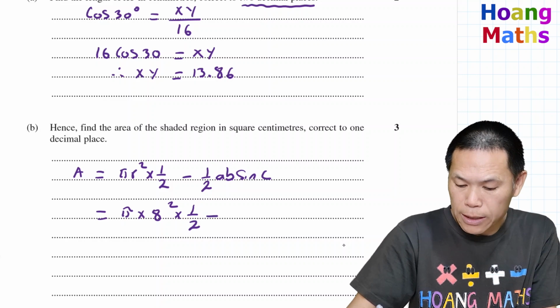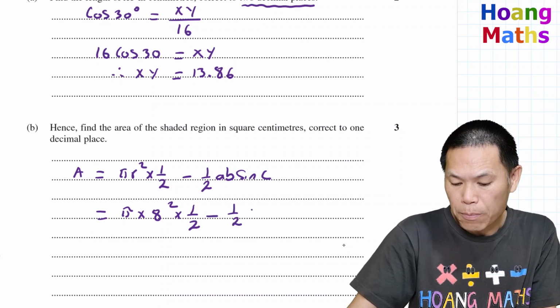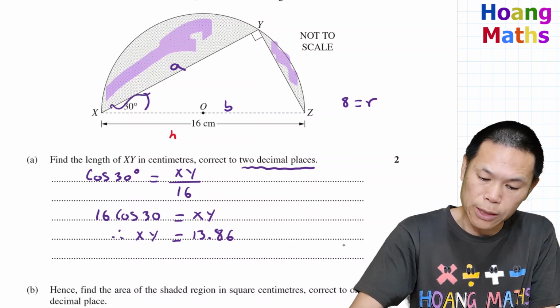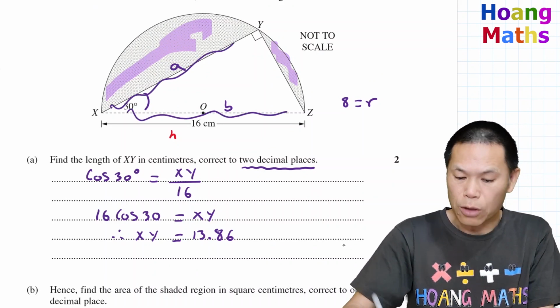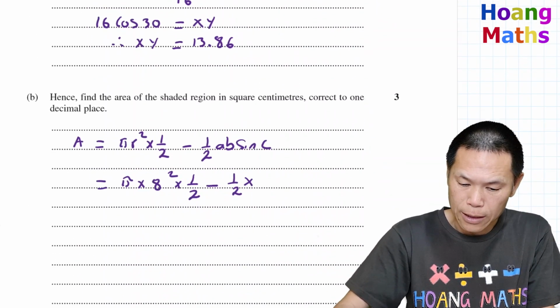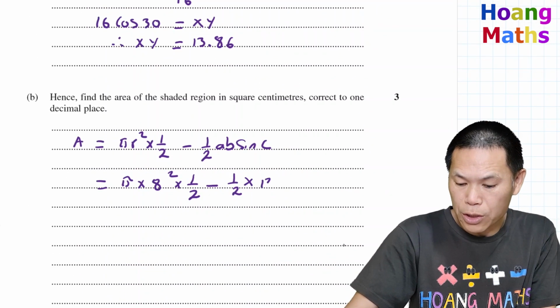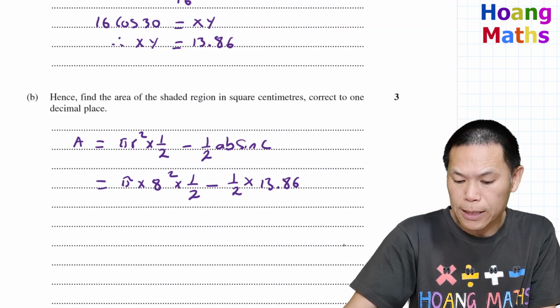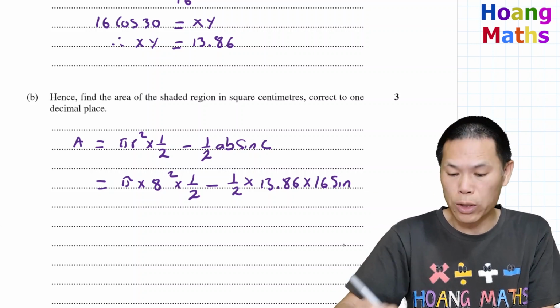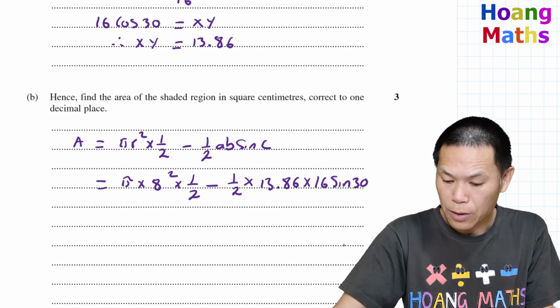And we subtract the triangle, a half, A and B, it doesn't matter which one is A or B. This is A, this is B. So B is 16, A is 13.86, so times 13.86, and we multiply by 16 and sine of the angle in between. The angle in between is 30 degrees.